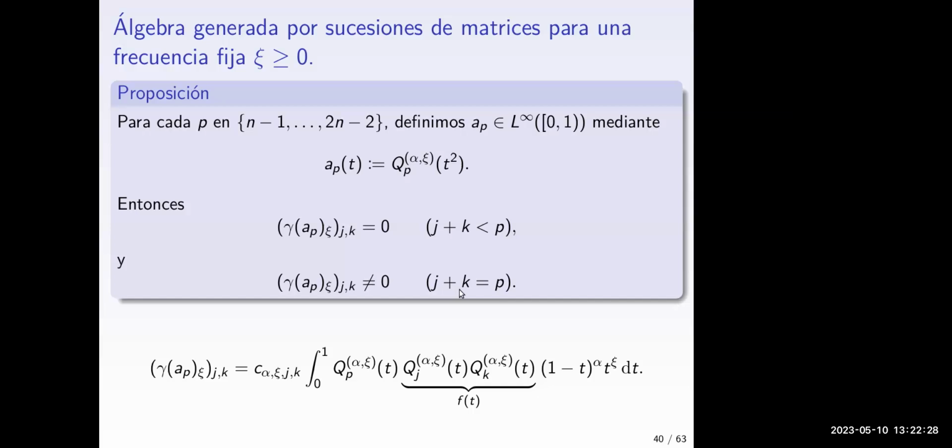If j plus k is equal to p, it will be different from 0.